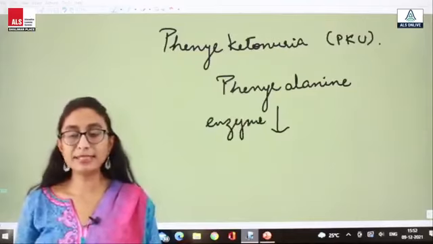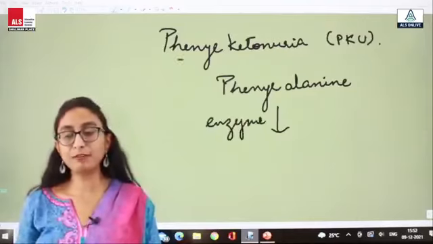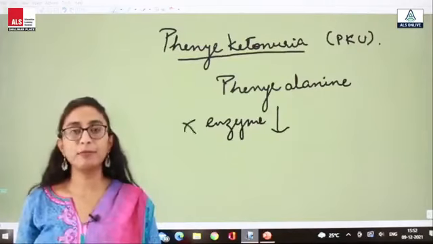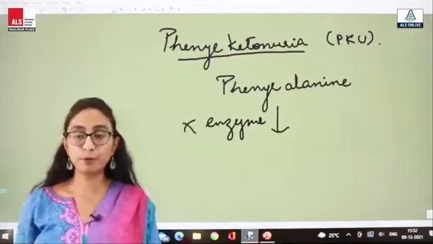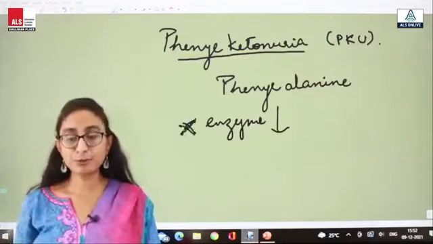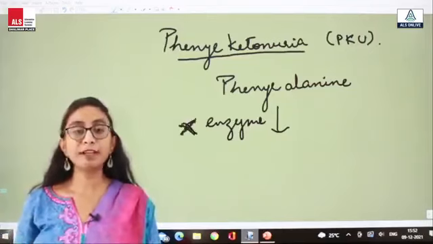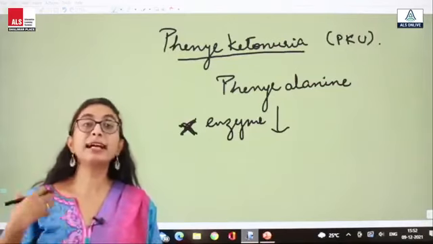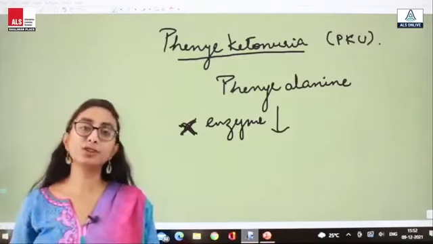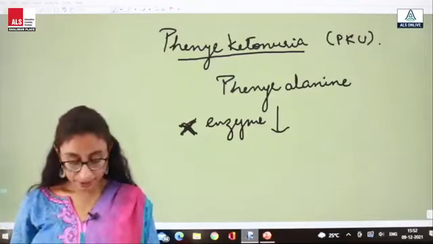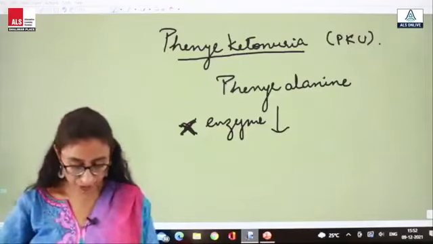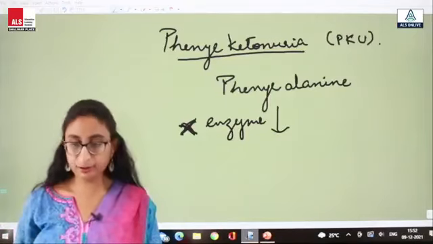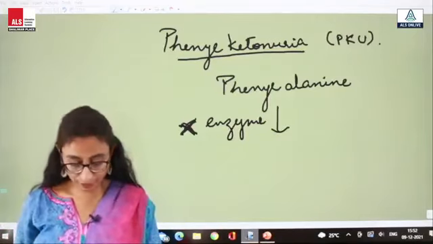But in people suffering from this disease, phenylketonuria, they lack this enzyme. Their body is not capable of producing the enzyme responsible for breaking down phenylalanine. As a result, the phenylalanine will start accumulating in the body, and that leads to the disease. Without the enzyme necessary to process phenylalanine, there will be a buildup of phenyl ketones in the body.